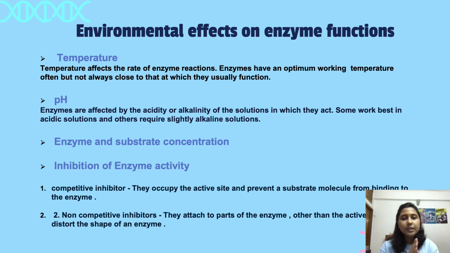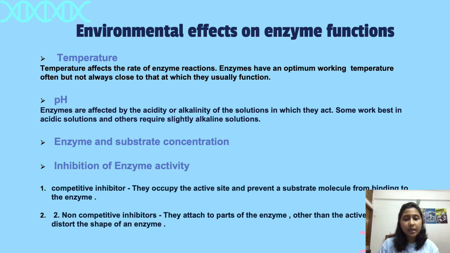Now, we will be talking about the inhibition of enzyme activity. Some really evil substances called inhibitors reduce or even stop the activity of enzymes in biochemical reactions. They either block or distort the active site, thus inhibiting the reaction.